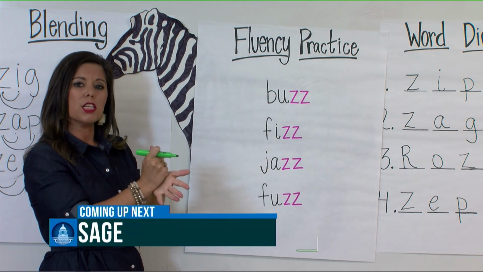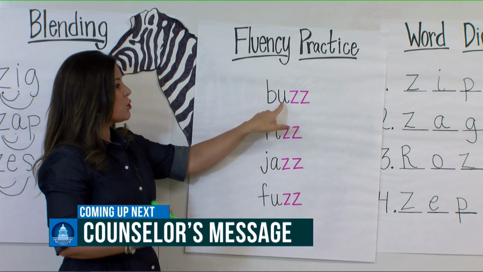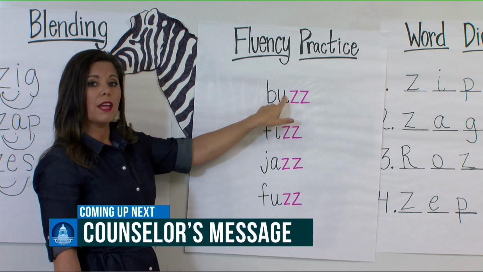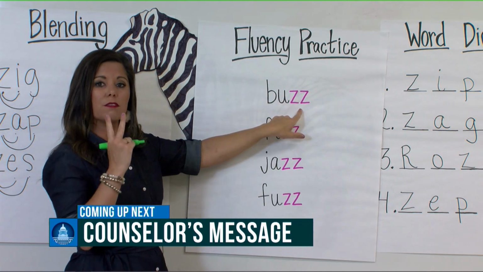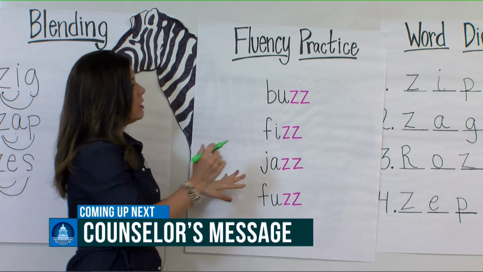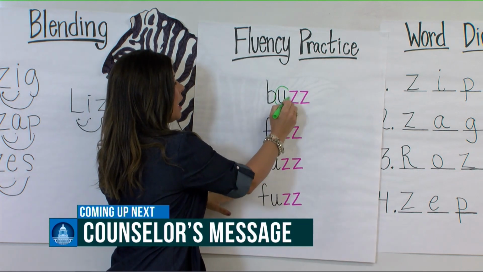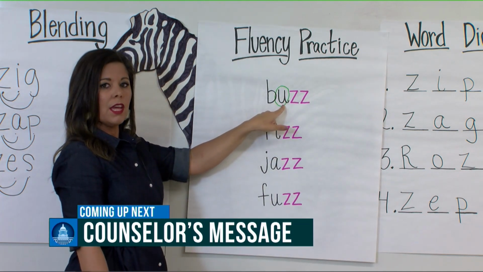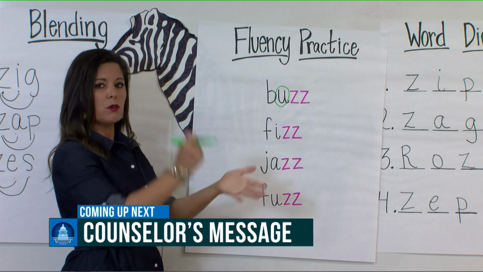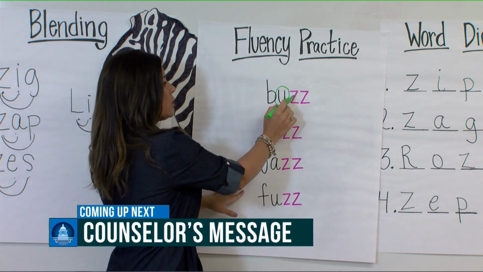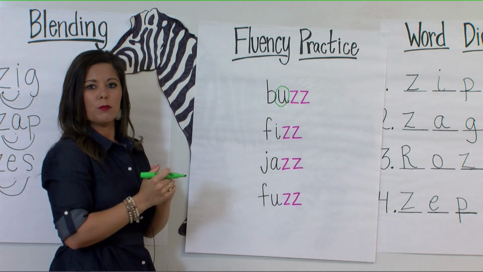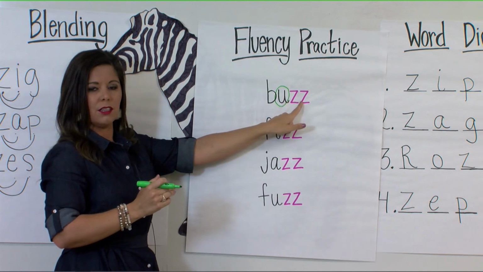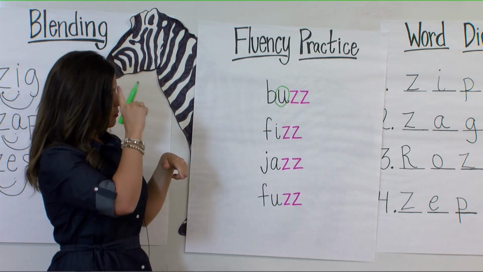So if it's a 1-syllable word and it has a short vowel sound before that Z sound, then you're going to have 2 Z's at the end. Okay, so I have a short vowel sound here. This word is buzz, so it's 1 syllable. So I need to have 2 Z's at the end of my word. B-uzz.